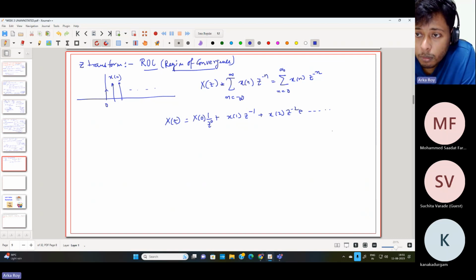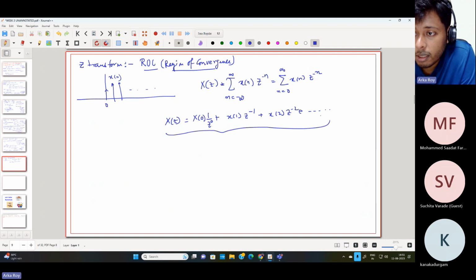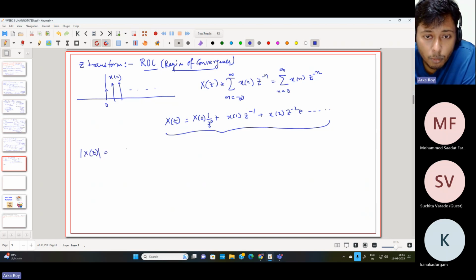Now this is basically the Z transform equation. Now we have to see whether the Z transform is stable or converging. So we will look at the mod of X(z), which is the summation of x[n] z to the power minus n, with n from minus infinity to infinity, and there will be a mod over here.